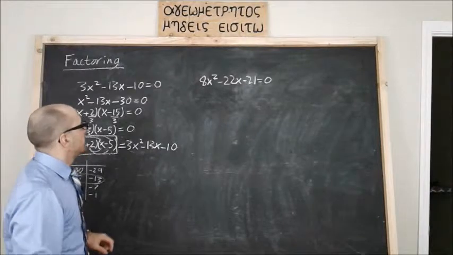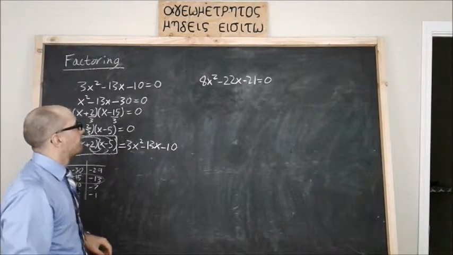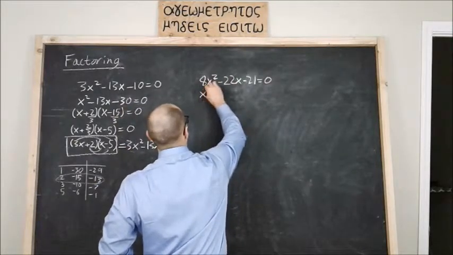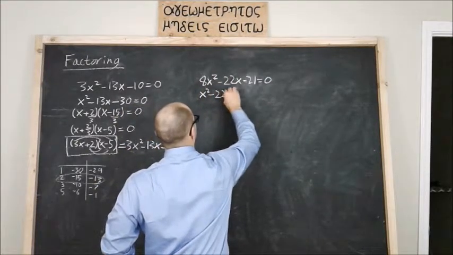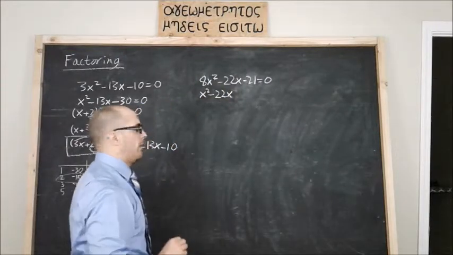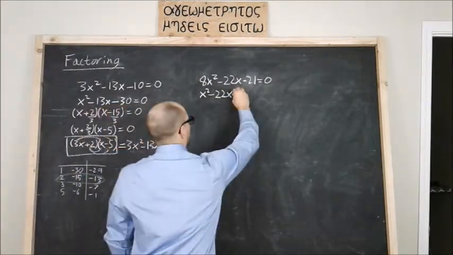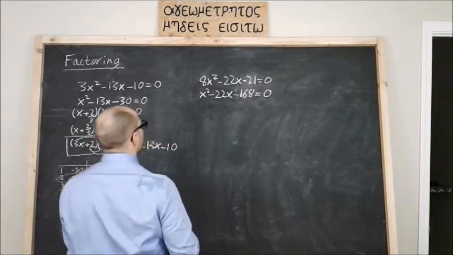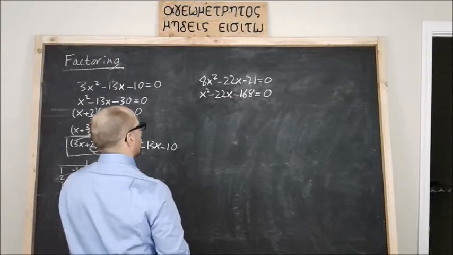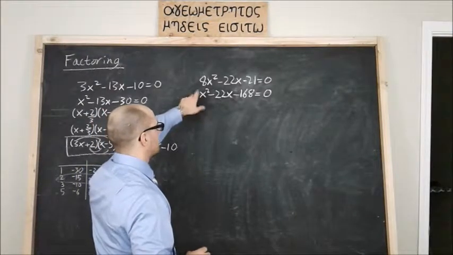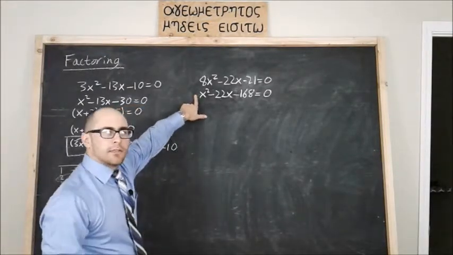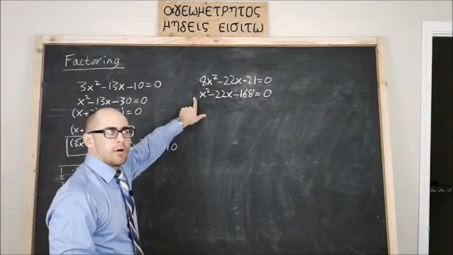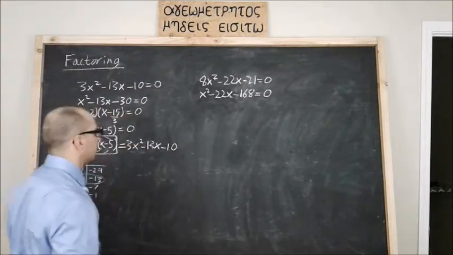It's an 8. So the method tells me I must multiply. 8 times 21, that's going to be minus 168. Now I have a leading coefficient of 1, which gave me this. Because this is now 1, I can use the table method as I did here.